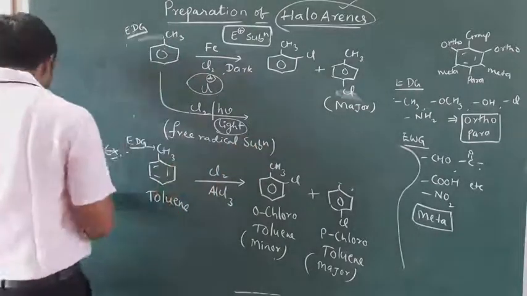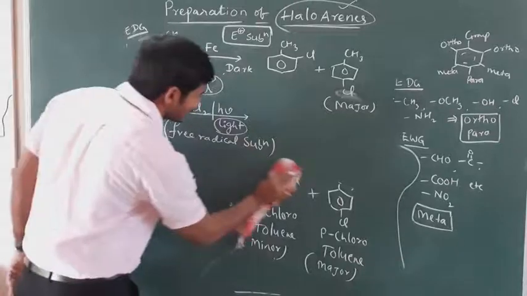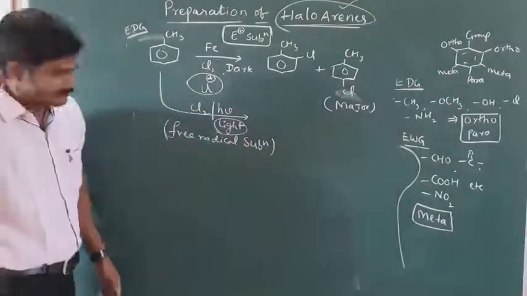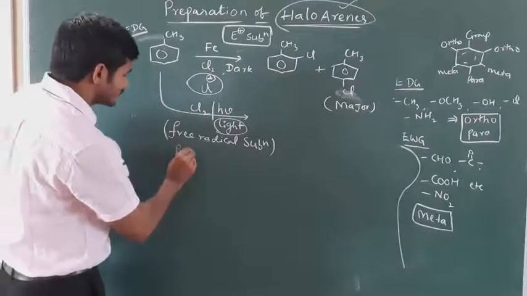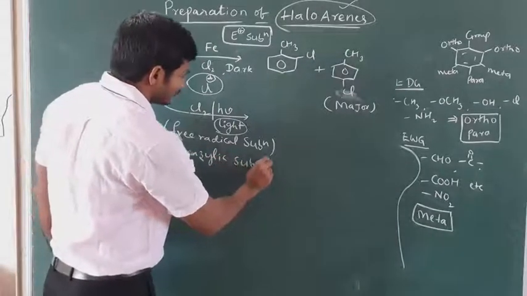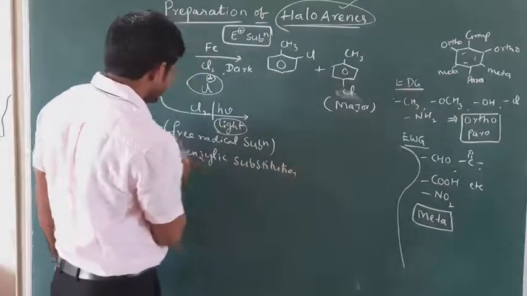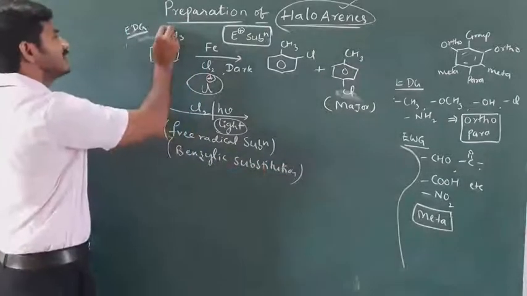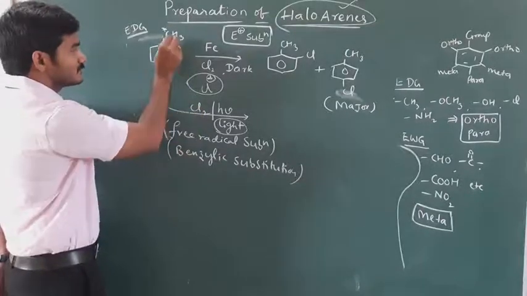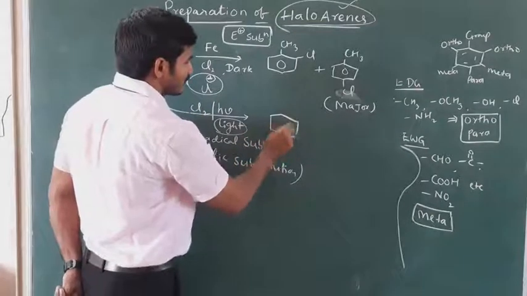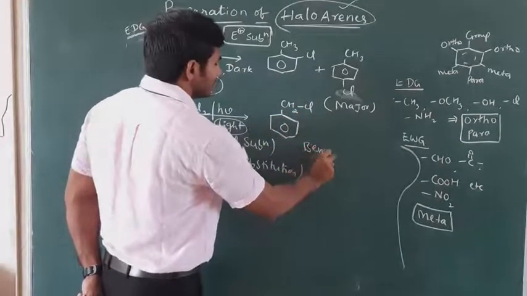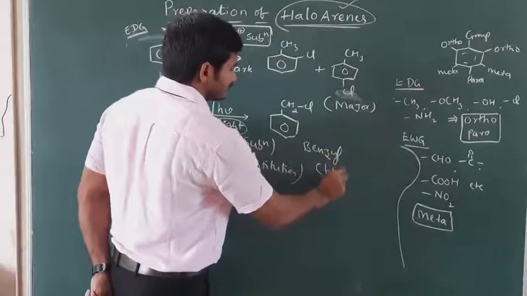Free radical substitution is also called benzylic substitution. What is the benzylic carbon here? This is benzylic. It contains 3 hydrogens. One hydrogen can be substituted with 1 chlorine, and the product is CH2Cl. This is benzyl chloride.